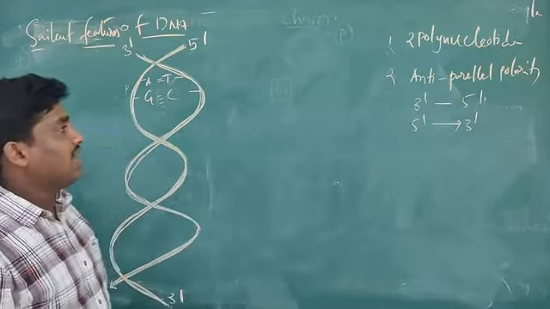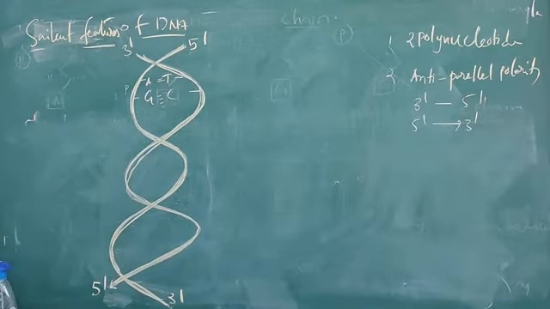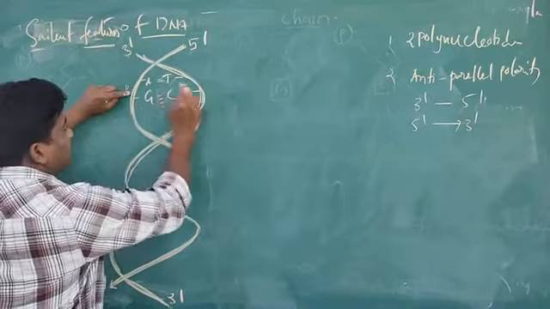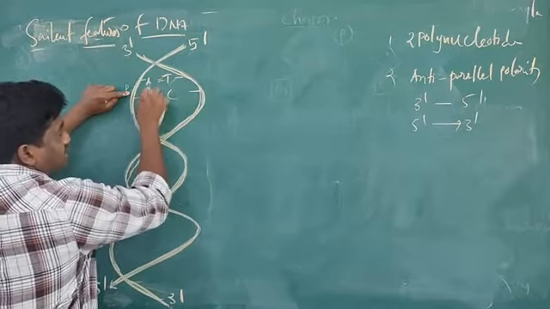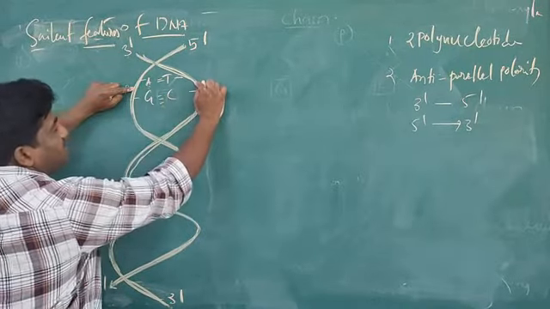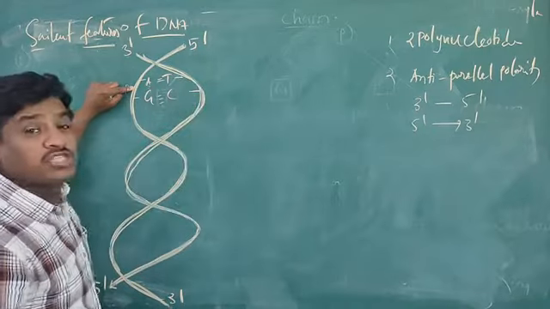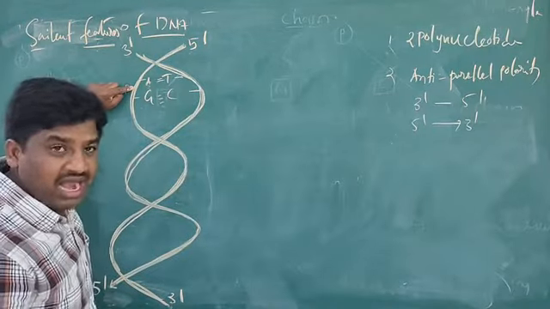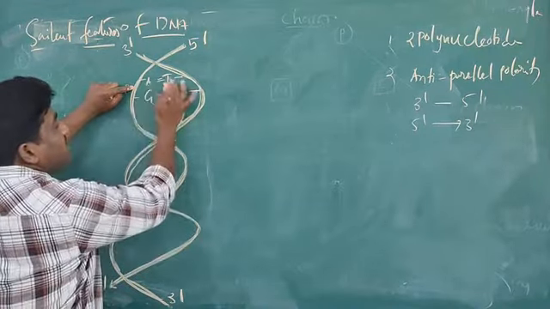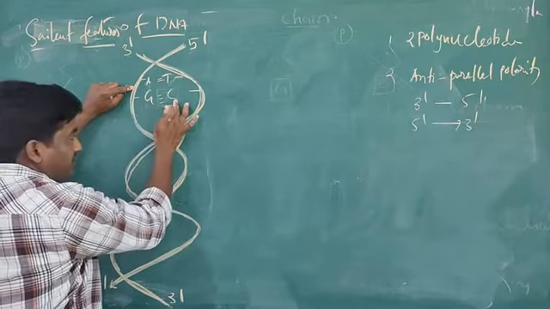Okay, next, the bases of the two strands. Bases means nitrogen bases. The bases of these two strands are paired with hydrogen bonds. That means adenine is bonded with thymine, and guanine is bonded with cytosine.